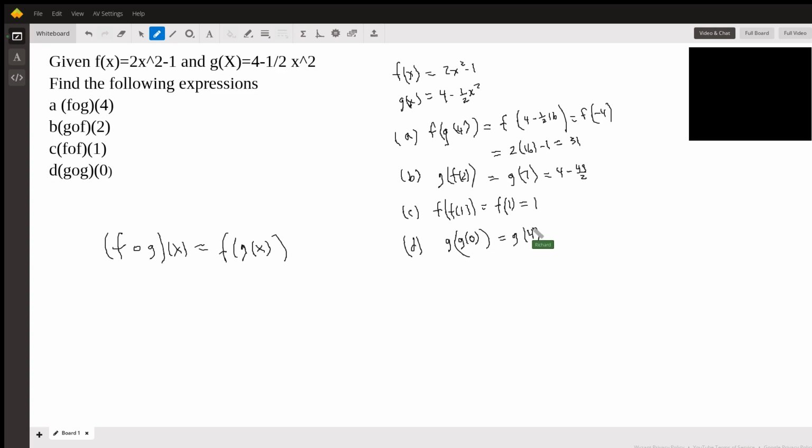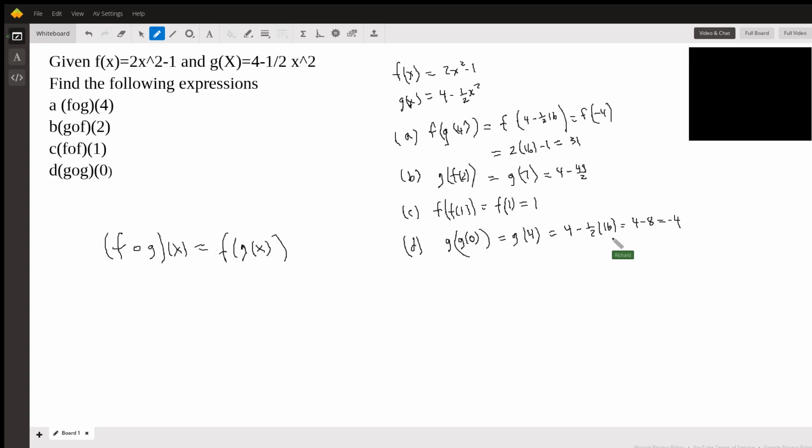Now we're going to plug 4 into g again. We're going to get 4 minus 1/2 times 16, so it's going to be 4 minus 8, so -4. And that's all there is to it.